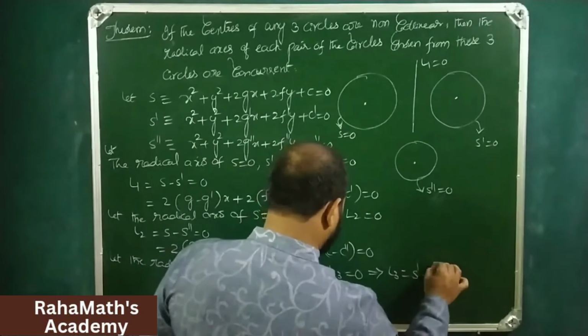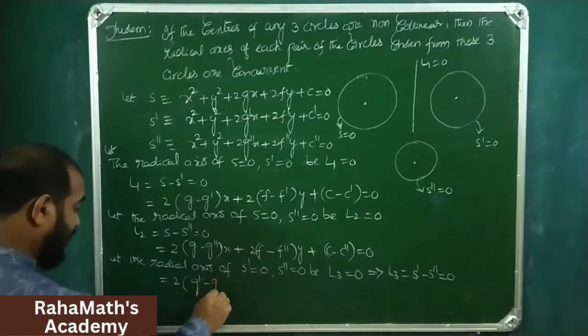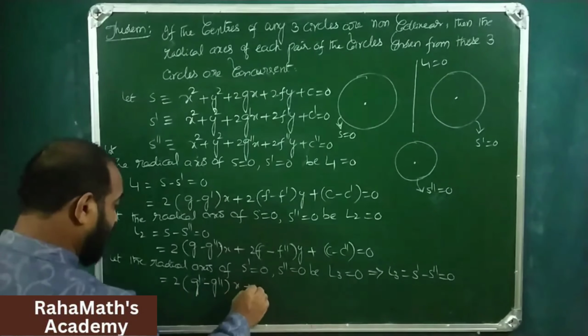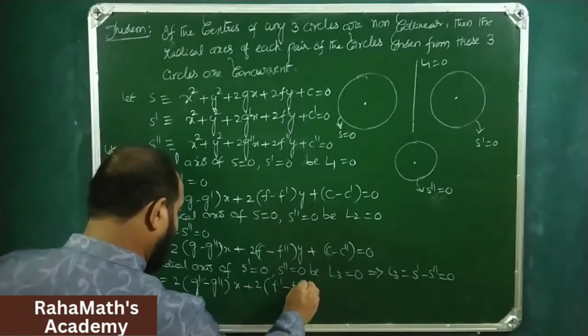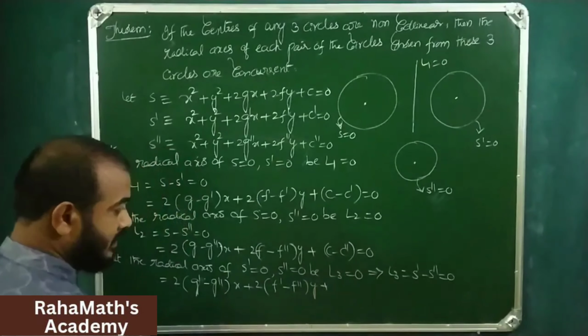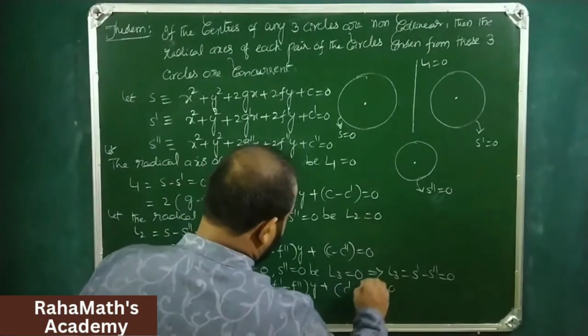That is 2 into (g dash minus g double dash) x plus 2(f dash minus f double dash) y plus (c dash minus c double dash) equals 0.